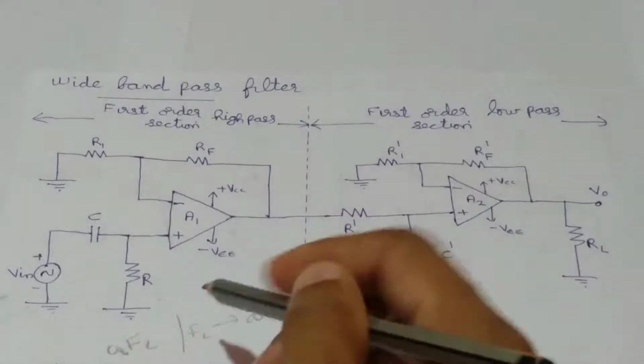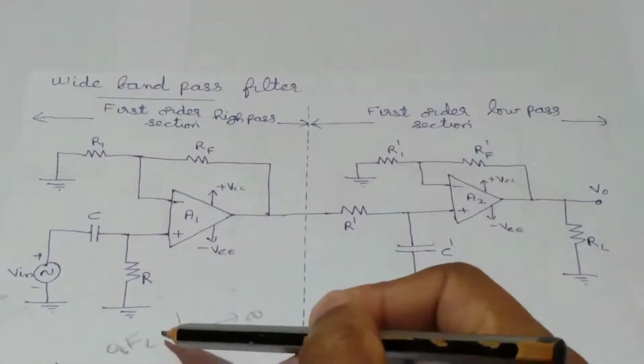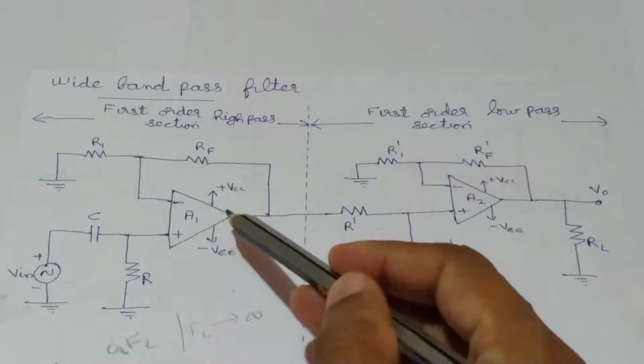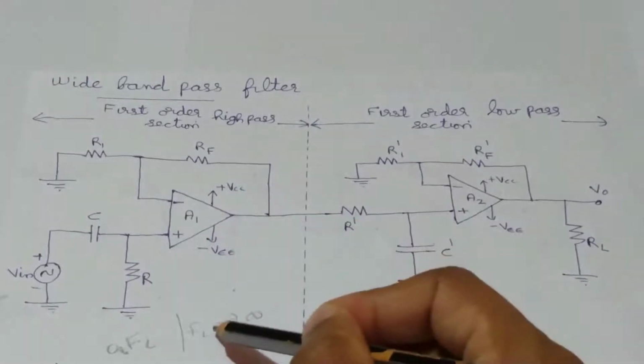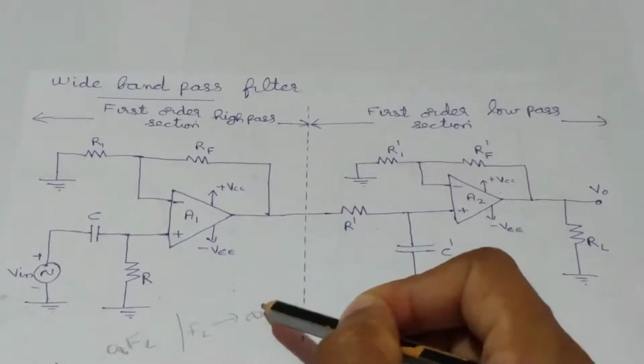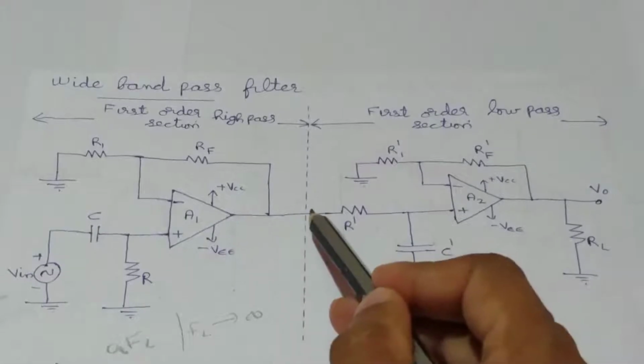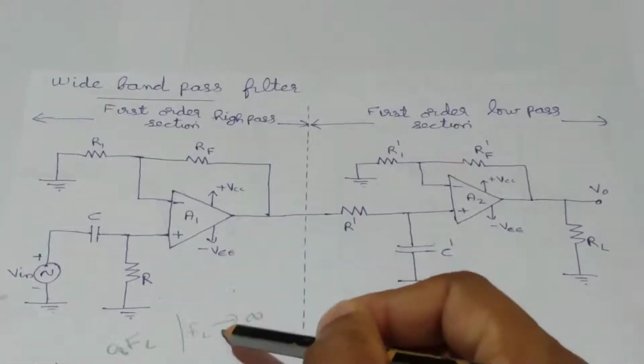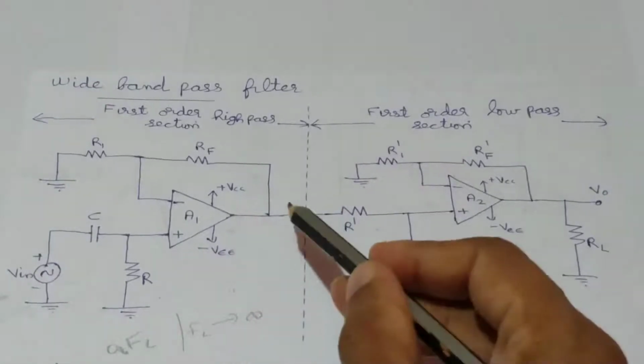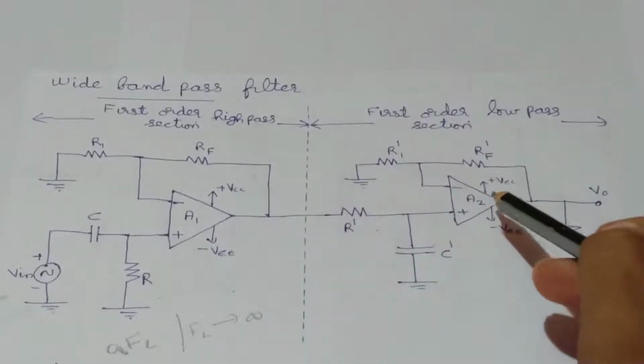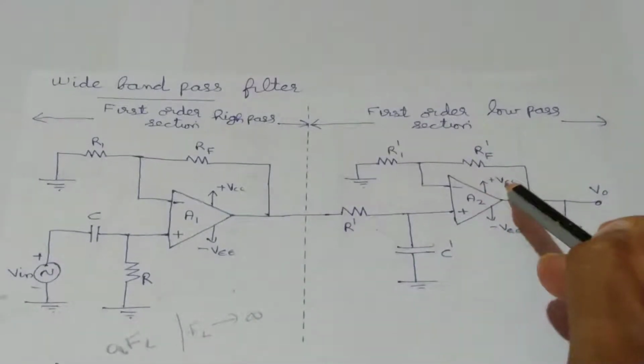Okay, so frequencies from 0 to FL are blocked by this high pass filter, and frequencies from FL to infinity are passed by this high pass filter, and hence these frequencies from FL to infinity are the input to this first order low pass filter.